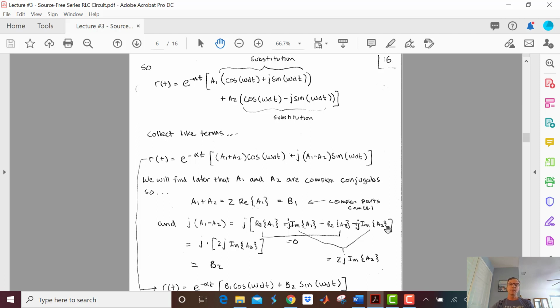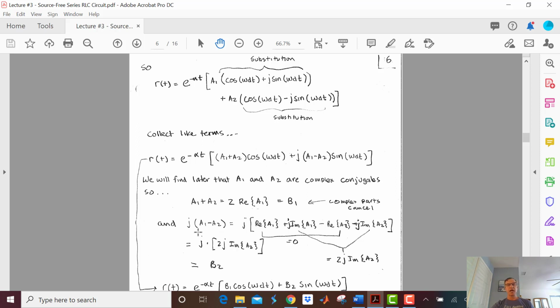And I remember that A1 and A2 are complex conjugates. So that means they got the same real part. So these cancel out to 0. And when I subtract their imaginary parts, I get twice the imaginary part. So you see that right in this equation.